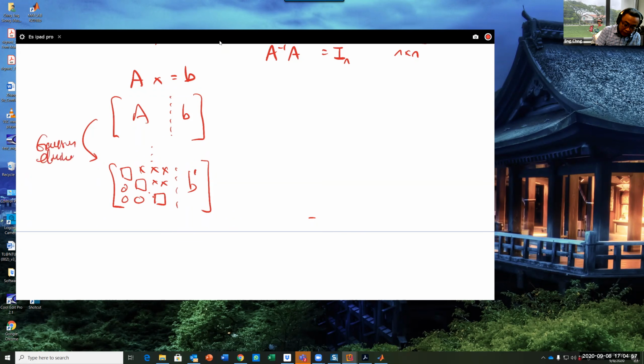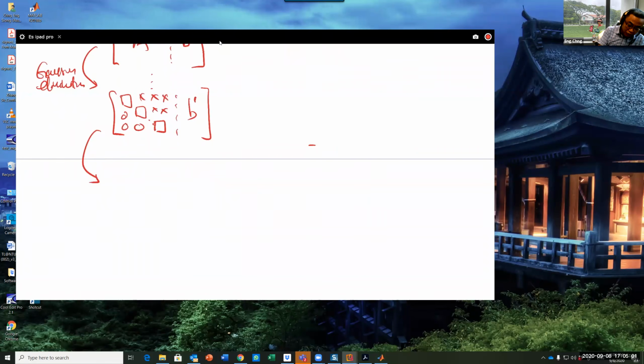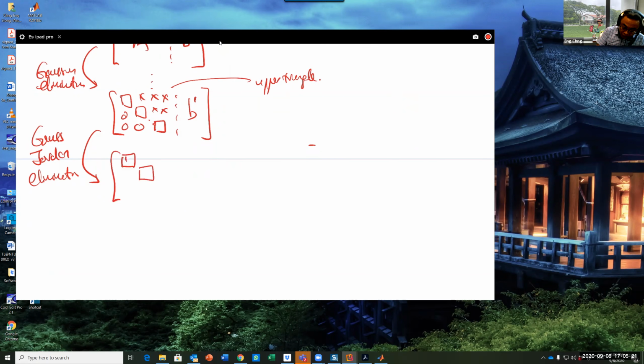But remember, sometimes instead of Gaussian elimination, we ask you to do Gauss-Jordan elimination. What does Gauss-Jordan elimination do? It further reduces this upper triangle matrix of A to 1, 1, or for example, let's have only 3, 1.